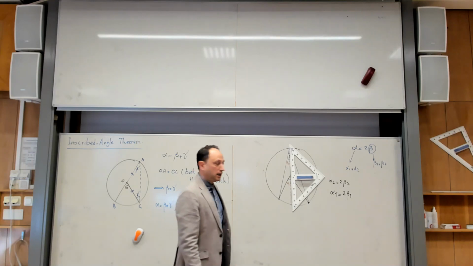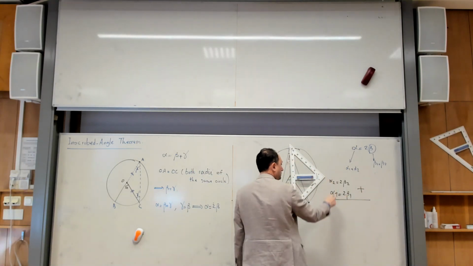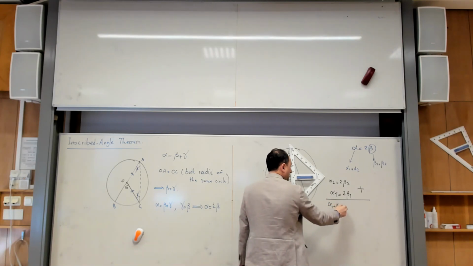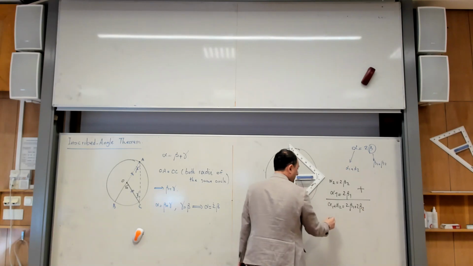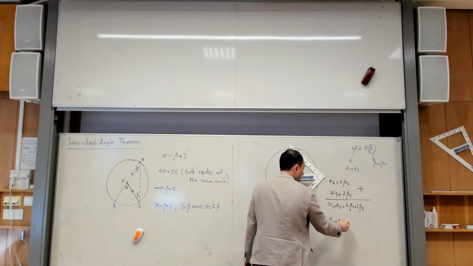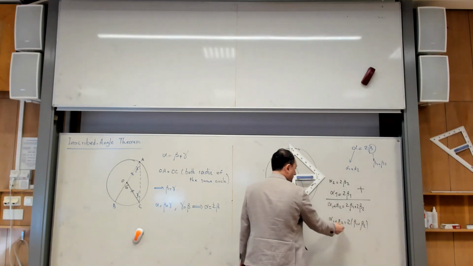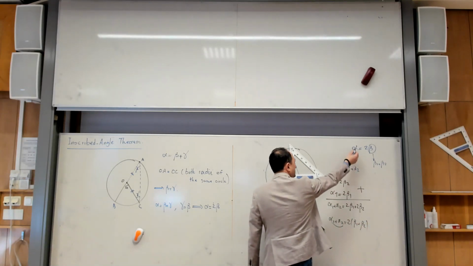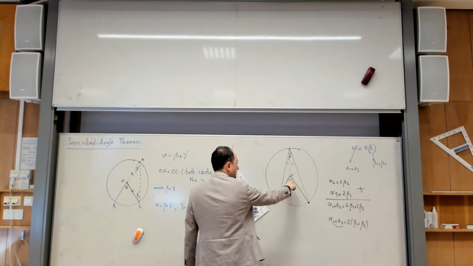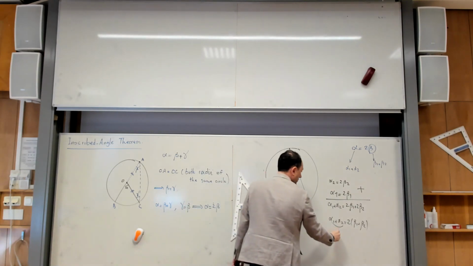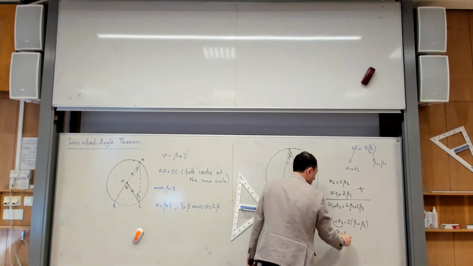And then I can add these two side by side. Alpha 1 plus alpha 2 equals 2 beta 1 plus 2 beta 2. I can factor a 2 out. It becomes 2 times (beta 1 plus beta 2). And alpha 1 plus alpha 2 is nothing except the original alpha. And beta 1 plus beta 2 is the original beta. So it is 2 times beta.